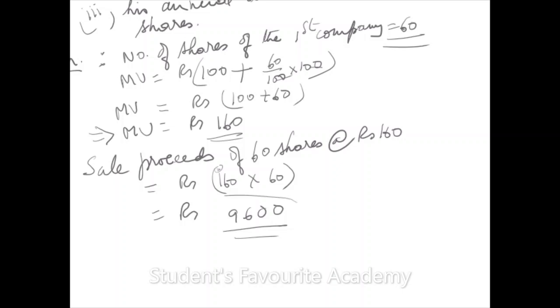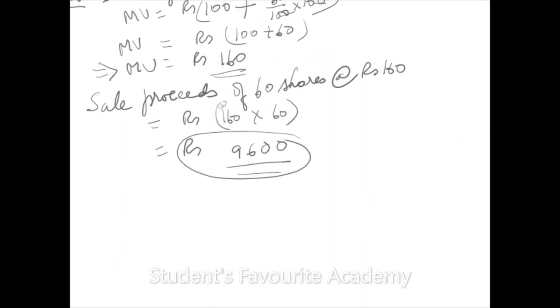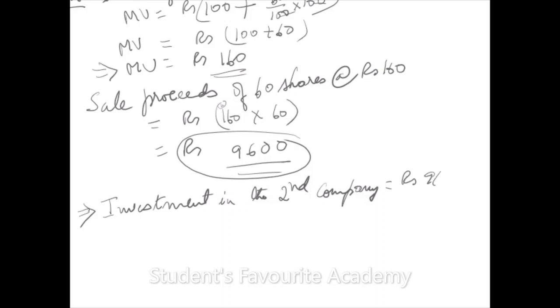Now this money he invested in the second company. So investment in the second company or new company is rupees 9,600, and these shares he bought at a discount of how much? 4%, isn't it?